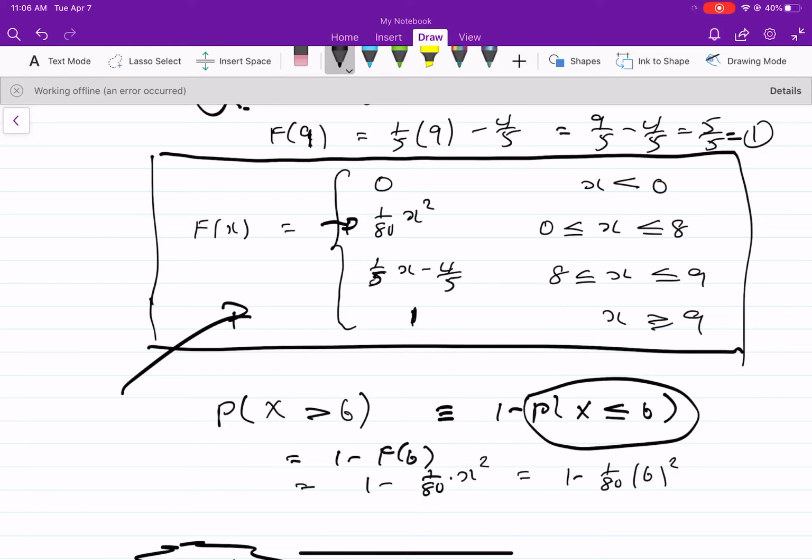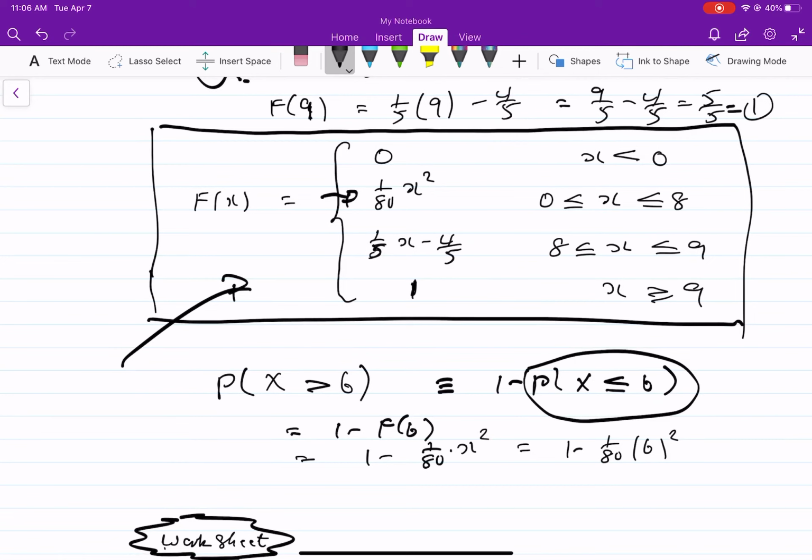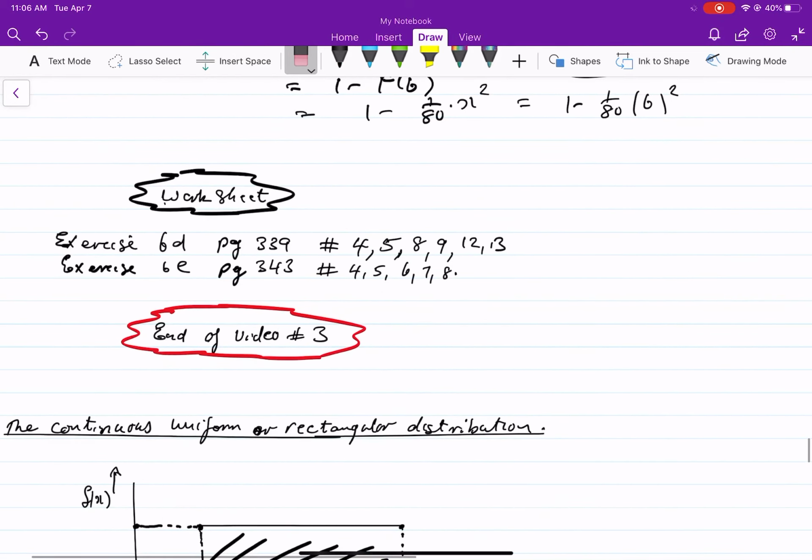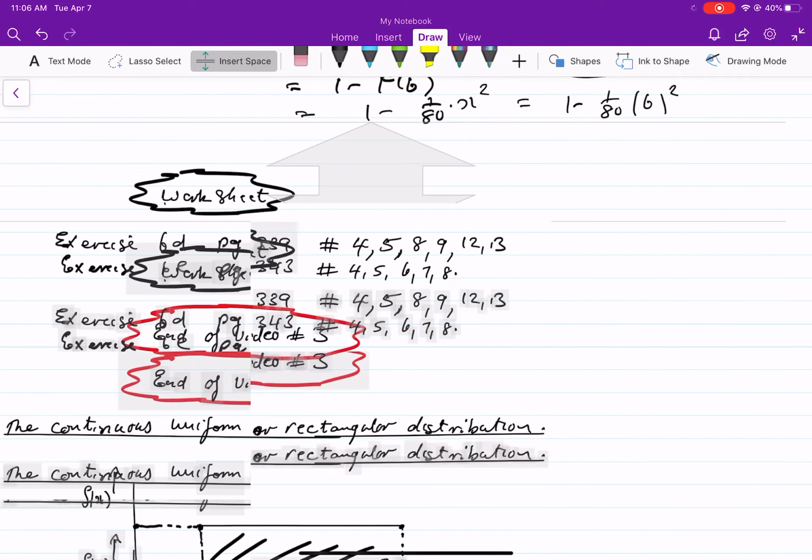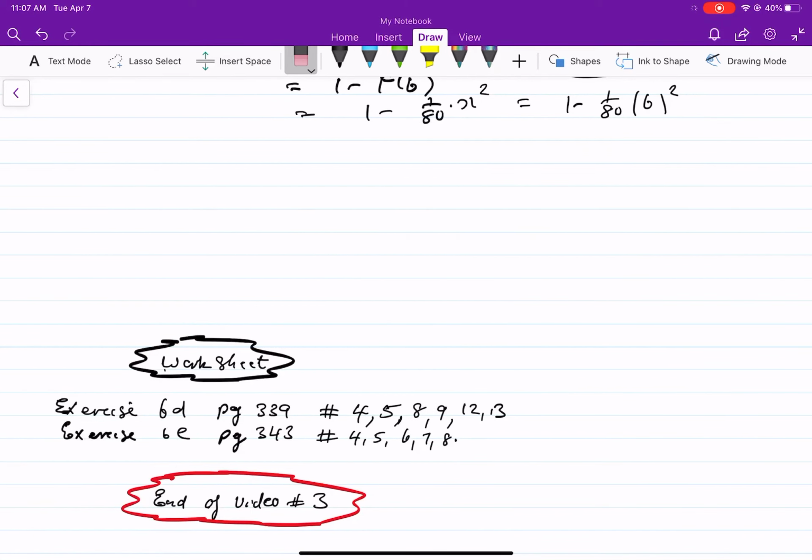So let me see, what do I have here? 36 over 80. And then 1 minus that. 0.55. The probability that x is greater than 6 is equal to 0.55.